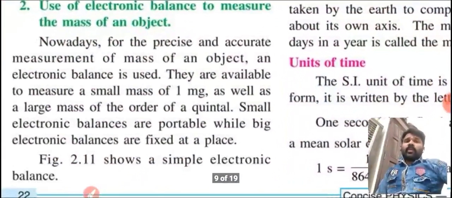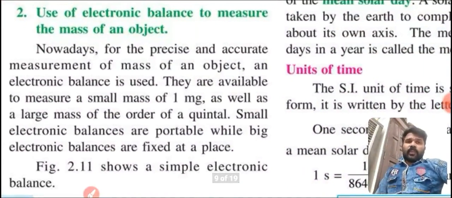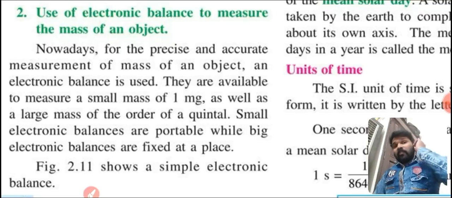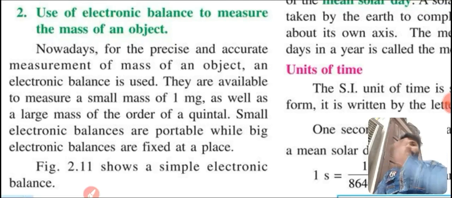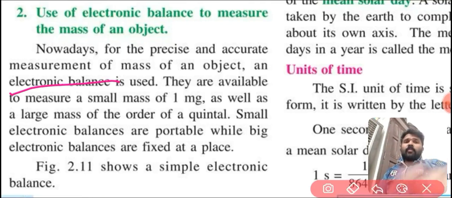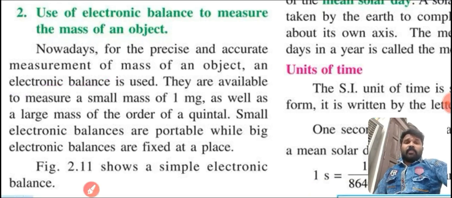Now we are going to discuss the use of an electronic balance to measure the mass of an object. Nowadays, for the precise and accurate measurement of the mass of an object, an electronic balance is used. They are available to measure a small mass of 1 mg as well as a large mass of the order of a quintal.